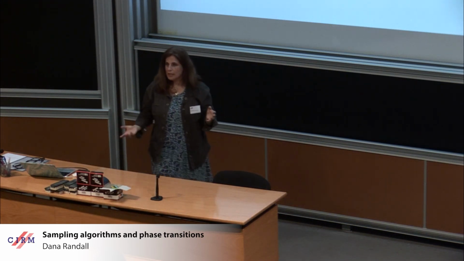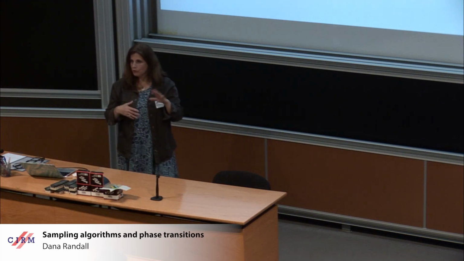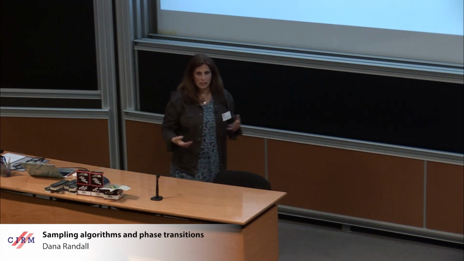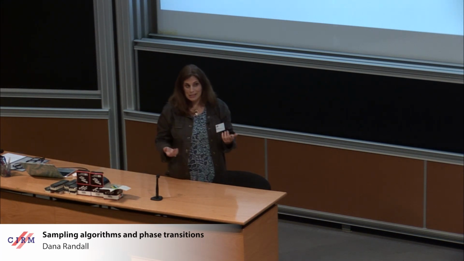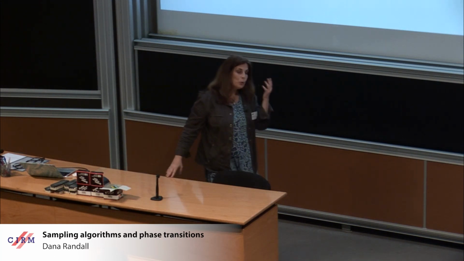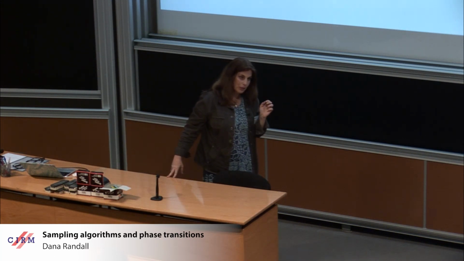remember when I showed you the phase diagram, I said there's a dotted curve, ignore it, because I stole the picture from someone else and didn't want to talk about it. But you can calculate things exactly. So there are methods where you can sample efficiently, but not with this local Markov chain. We don't know that this or any quasi-local Markov chain will sample there.